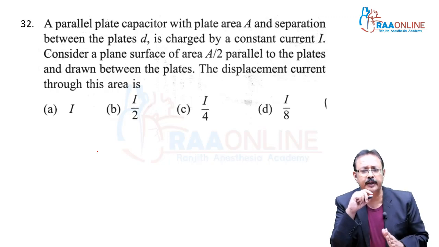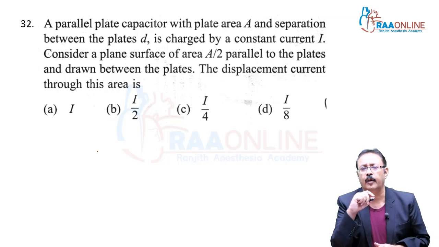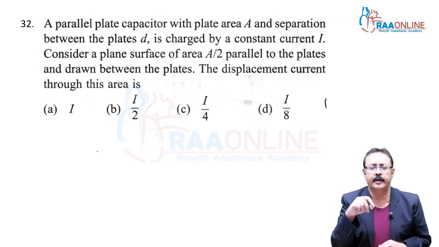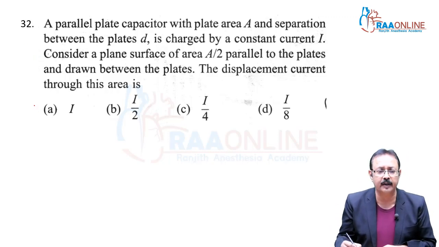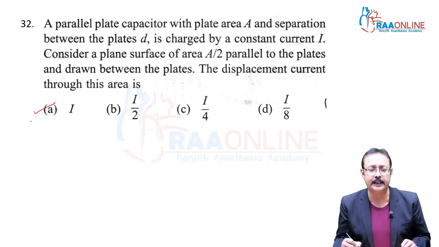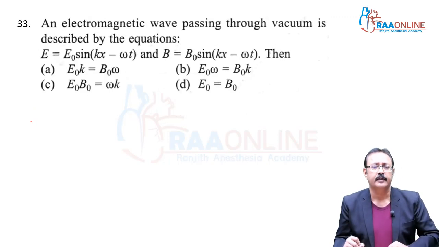I told you that displacement current is equal to the conduction current. If the conduction current is I, the displacement current should be I. It was the result of Maxwell's experiments and theoretical calculations.